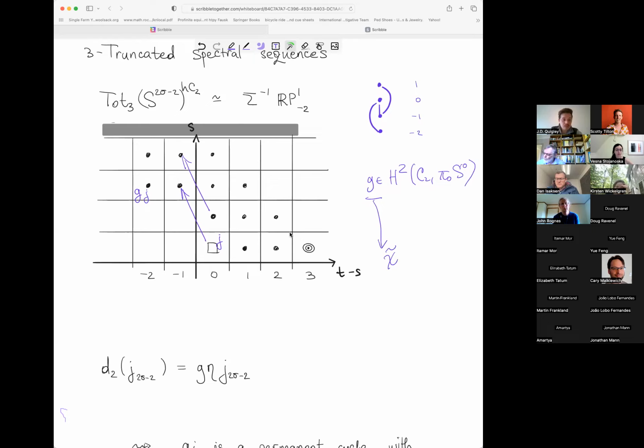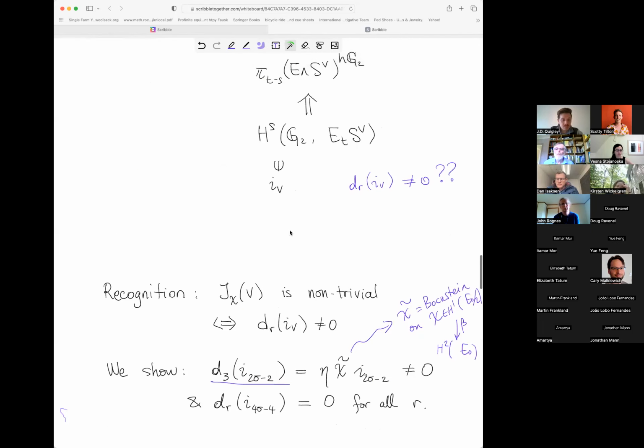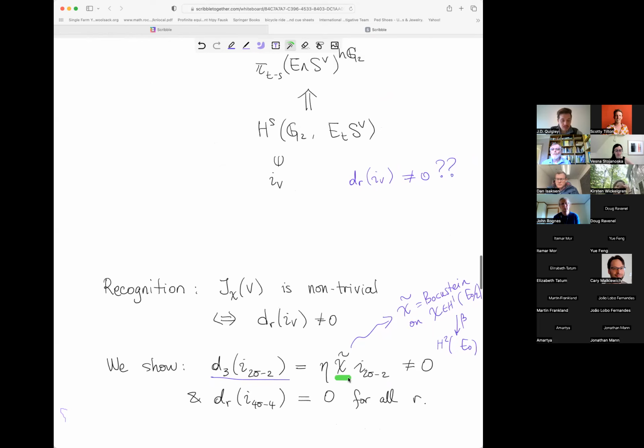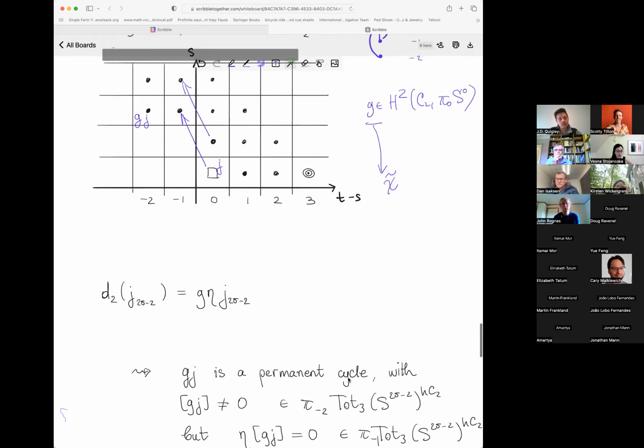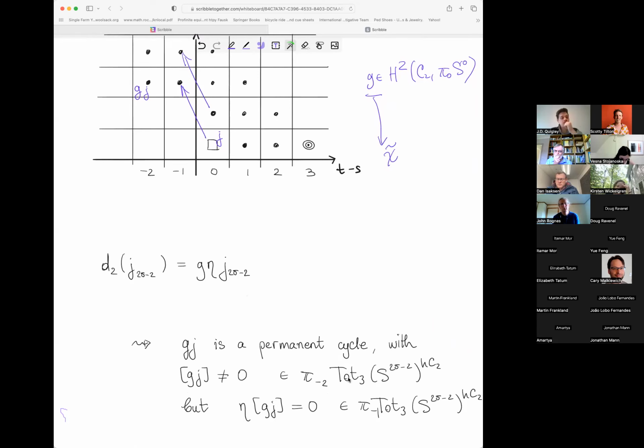So our class GJ is a permanent cycle because nothing can hit it. And eta multiplication in this picture goes this way, but even if it jumped filtration, there's nothing there. So eta times this class has to be 0.